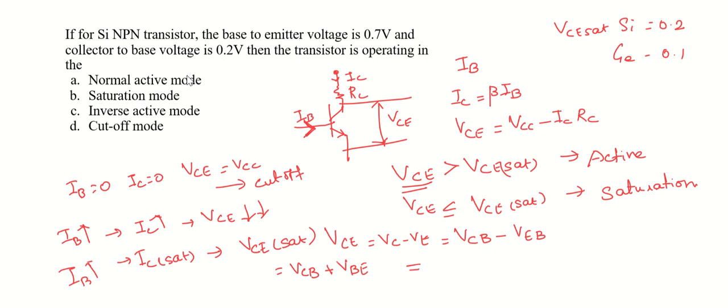So it is equal to VCB, given as 0.2 volt, and VBE, given as 0.7 volt. It is equal to 0.9 volt. So this VCE is equal to 0.9 volt, which is greater than this VCE saturation. So the transistor is working in the normal active mode.